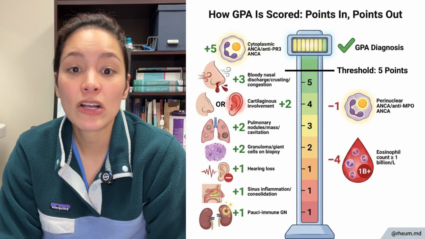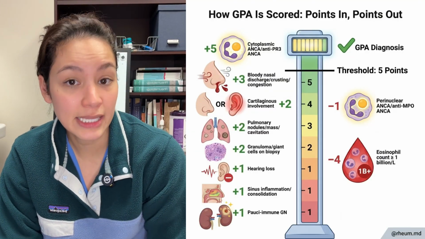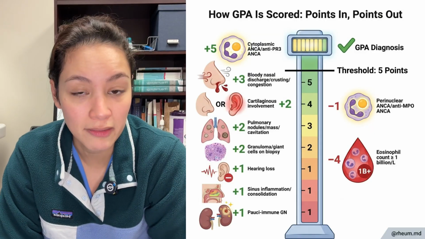Now, tissue biopsy remains the gold standard, but if you have a patient with signs and symptoms of small vessel vasculitis and positive serology, especially if they appear to be declining rapidly, you do not delay treatment waiting for the biopsy. Now, the classification criteria is based on a weighted scoring system that helps you differentiate one subtype of ANCA from another. So for GPA, the single highest weighted item is c-ANCA or PR3 positivity.